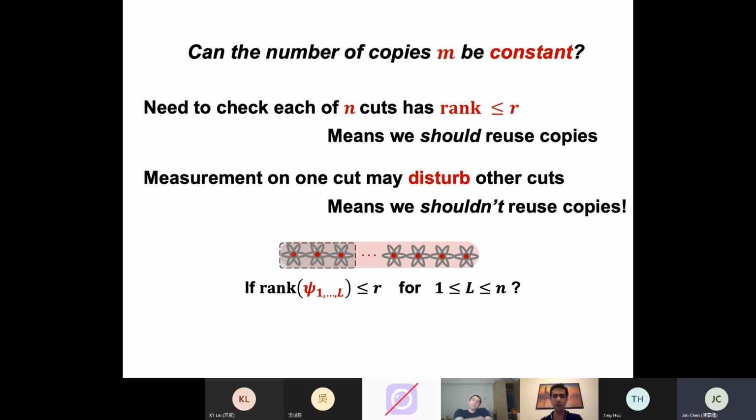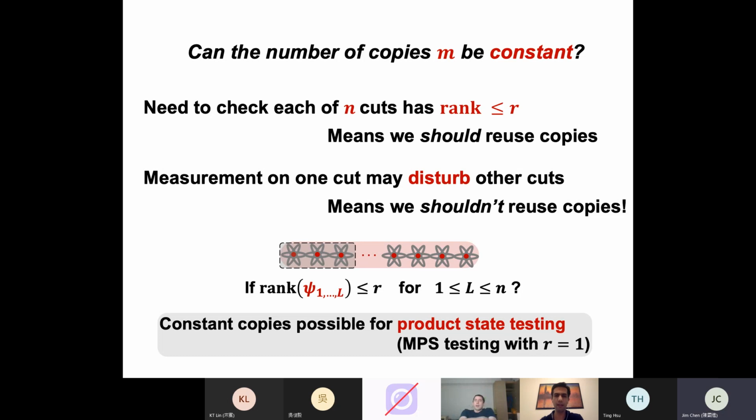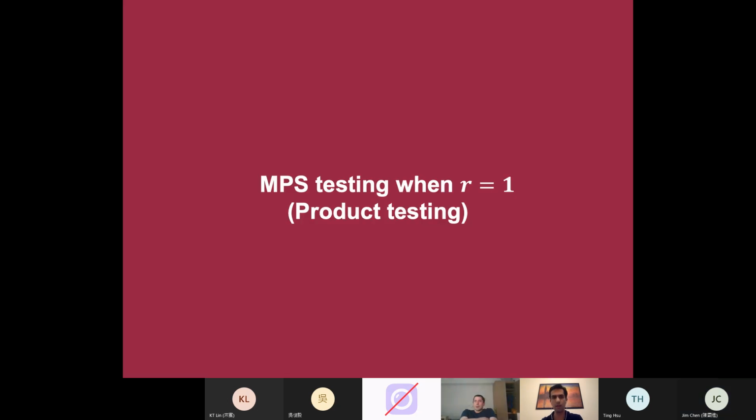In general, it's unclear which of these implications apply to our case. But it turns out that when testing if a state is product or not, meaning testing MPS with bond dimension equals 1, then a constant copy complexity is possible. So let me tell you about the algorithm that achieves this.